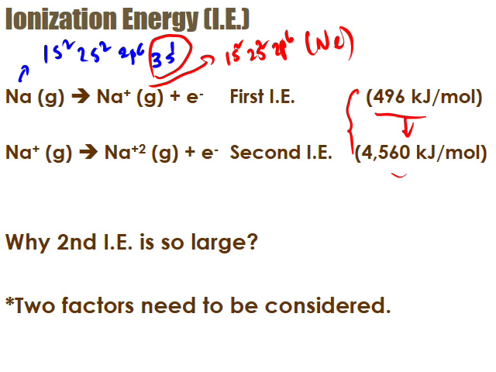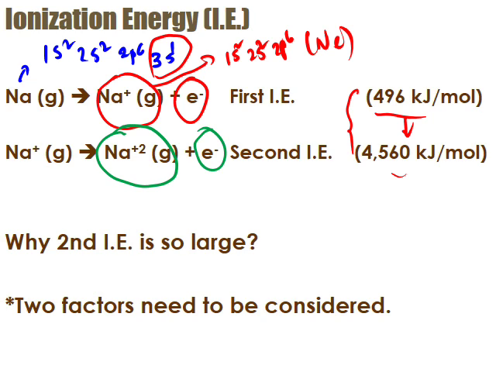Now, we are going to also explain why from first to second, second to third, there is always an increase in ionization energy. You get the answer just by looking at the charges. First time you're removing an electron, you're creating a +1 charge, which tries to hold back the electron. Second time you're removing an electron, you're creating a sodium 2 plus, which tries to hold back that second electron.